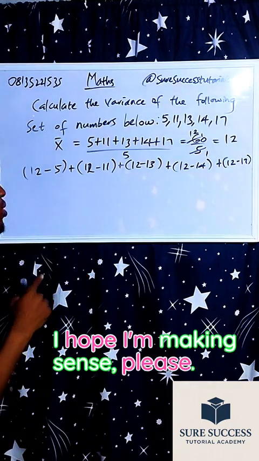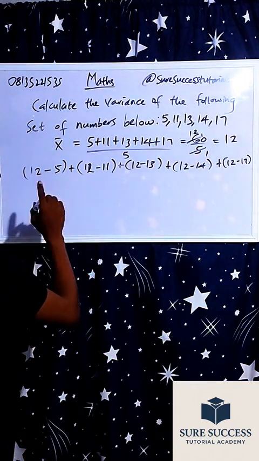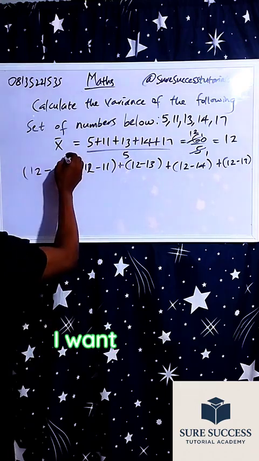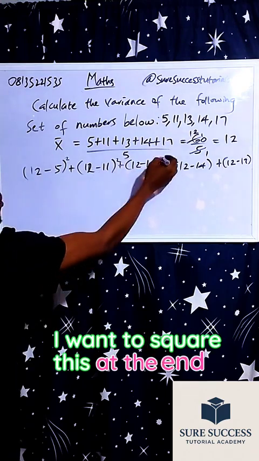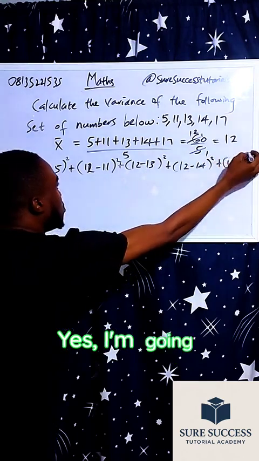I hope I'm making sense, please. This is what I plan on doing: I want to square this at the end of the day. Yes, I'm going to square this.